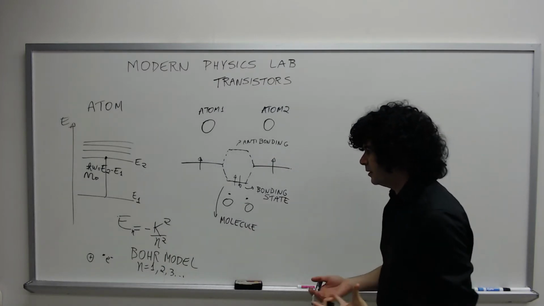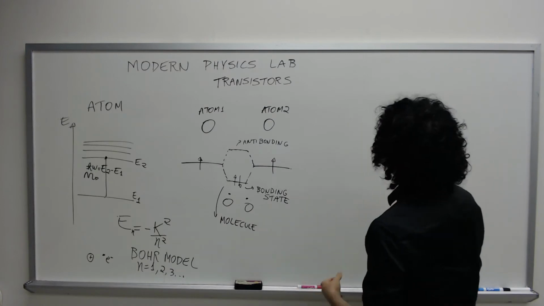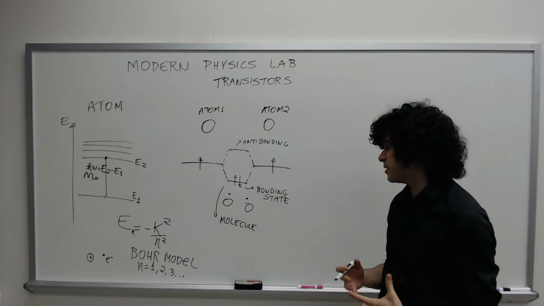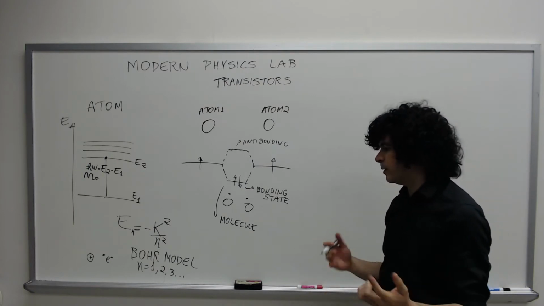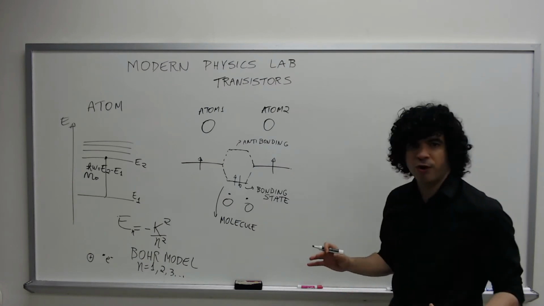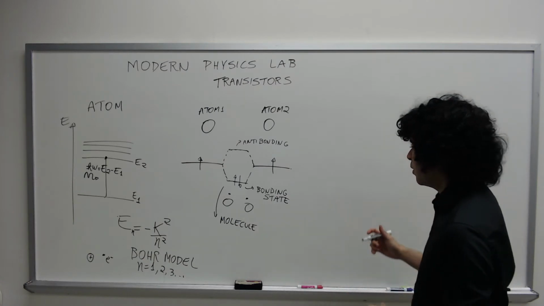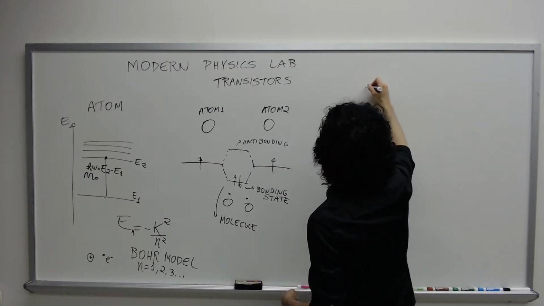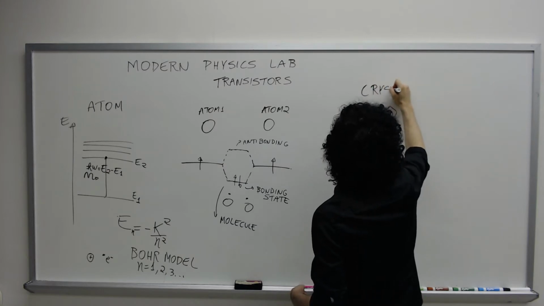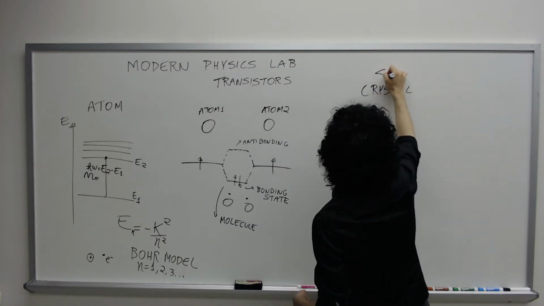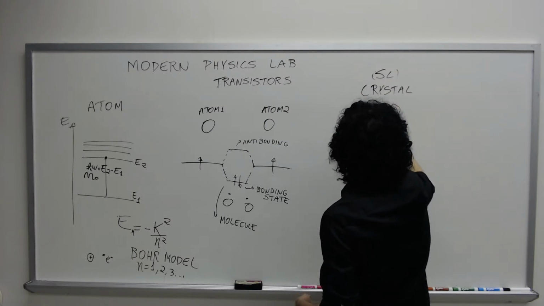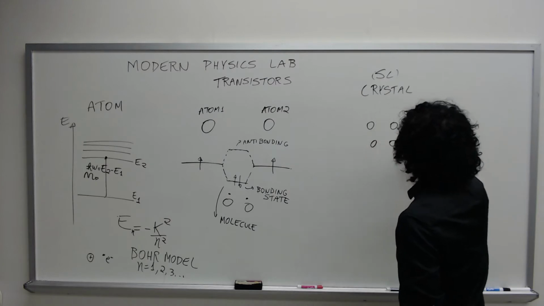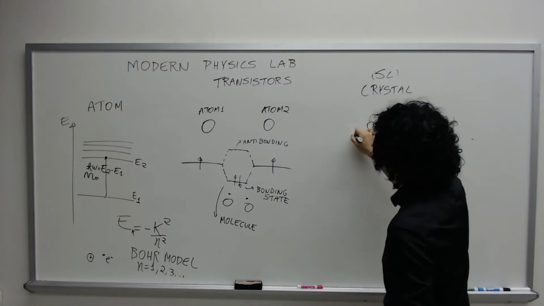Right, you can have many atoms together arranged in a crystal. I will focus my attention on semiconducting crystals, not metals, because that's what matters for our experiment. Let's say a semiconducting crystal where we have many atoms arranged in what you can consider as an infinite array.